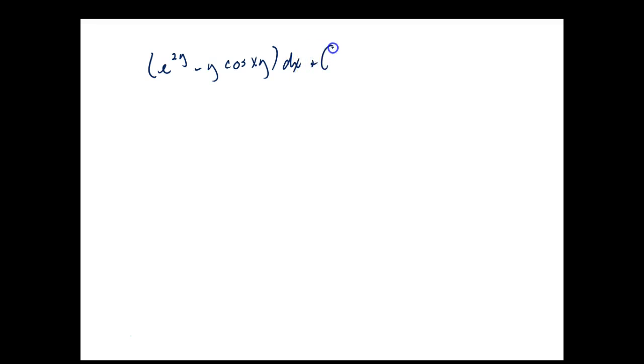Plus 2x e to the 2y minus x cosine xy plus 2y dy is equal to 0. Write down. All right. Solve that.